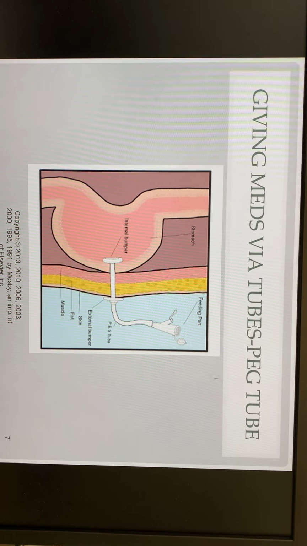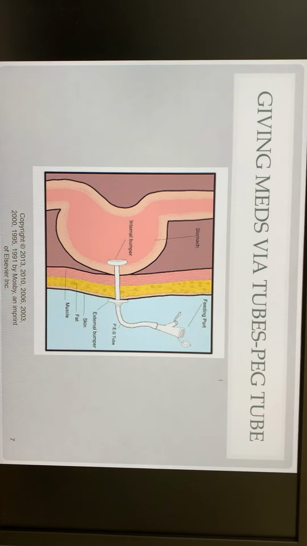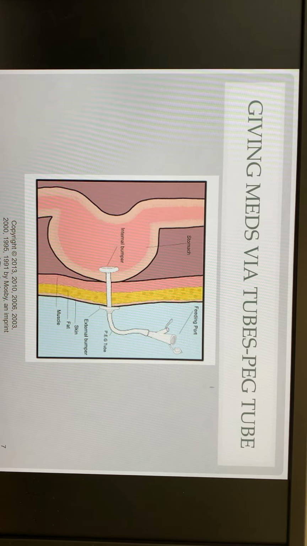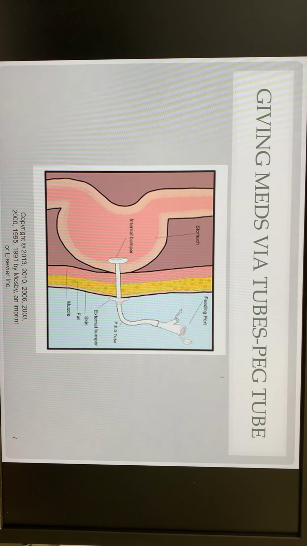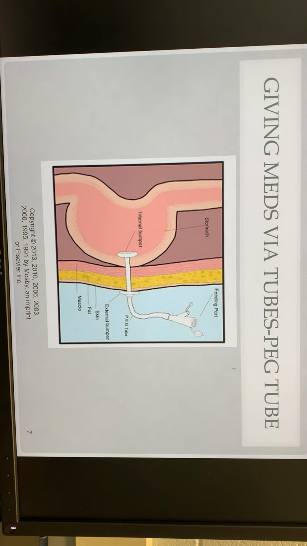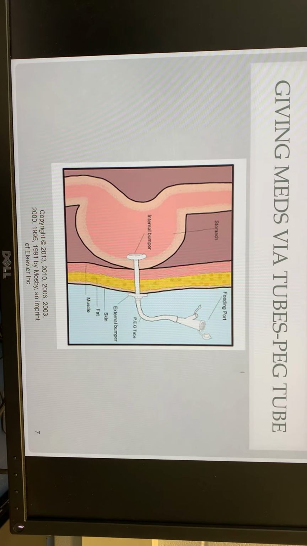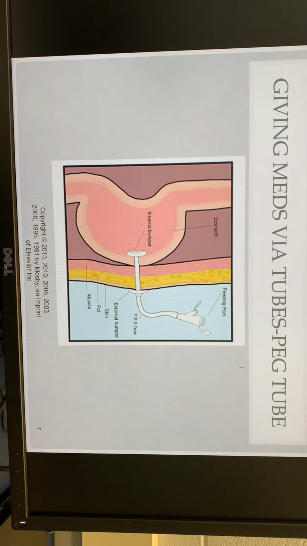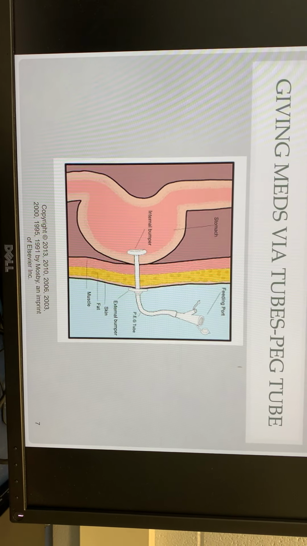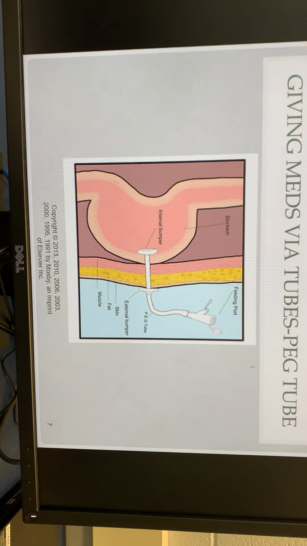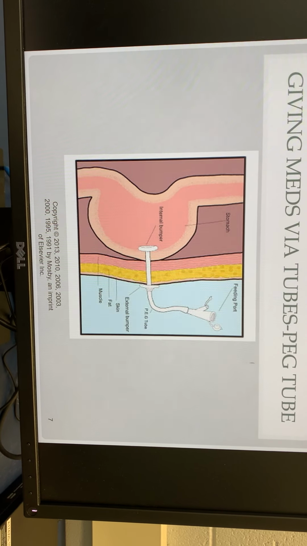This is just a picture that you can look at on your own slides, but it shows how a PEG tube will fit through the wall of the abdomen and into the stomach. Usually it has at least one port and either a stopper or a balloon to keep it inside the stomach.